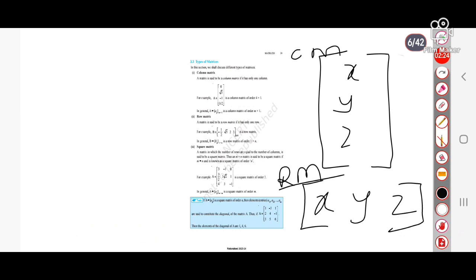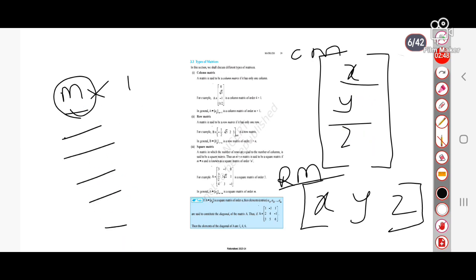In a column matrix they generally represent the matrix in the form of m cross 1, where m stands for the number of rows, that is x, y, z, and 1 stands for the single column, right?